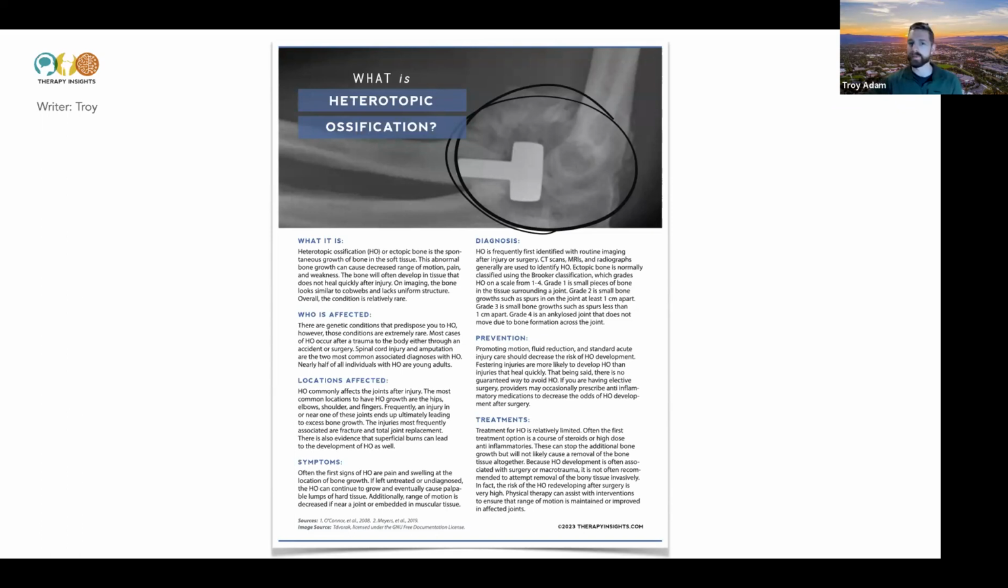What it looks like on imaging, I find, is more cloudy, more diffuse, like non-specific bone growth in an area. So this isn't like an osteophyte or something that's forming just near the bone. This can be 6-8 centimeters away from the joint or from the area that was originally injured.